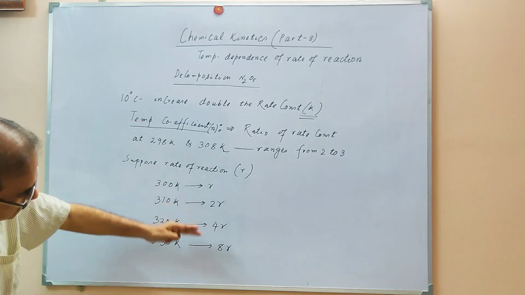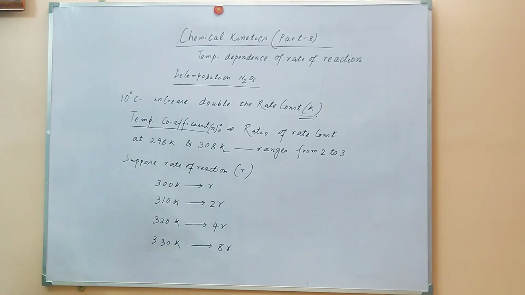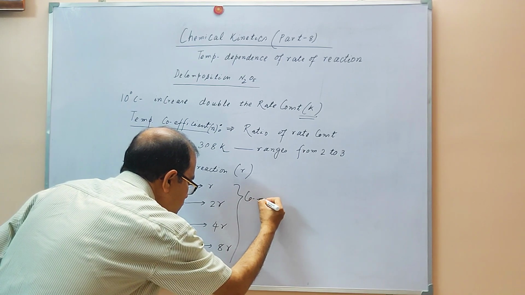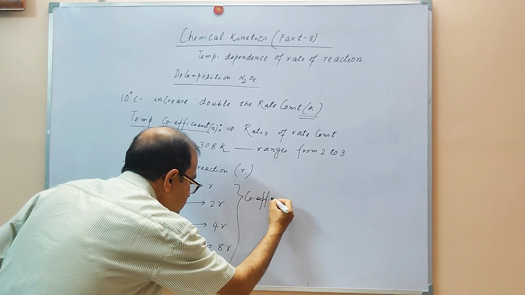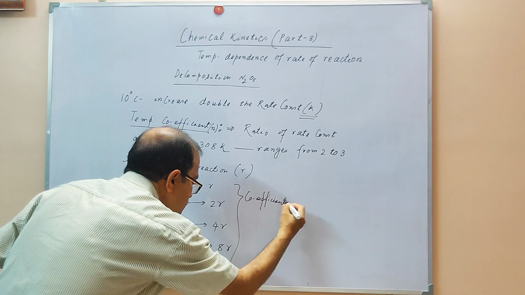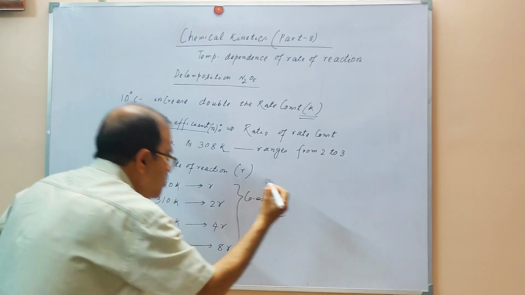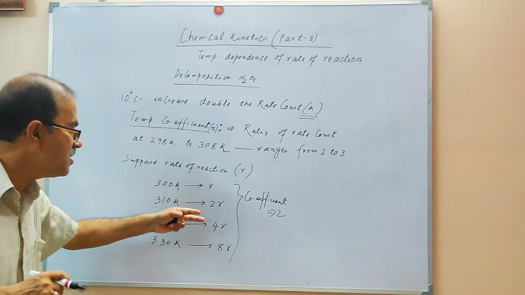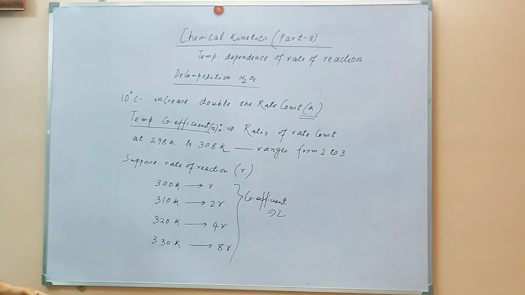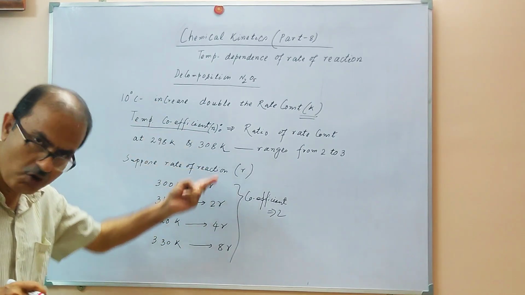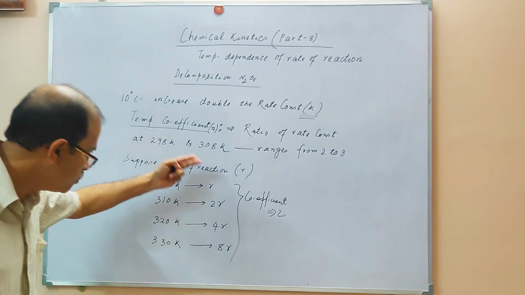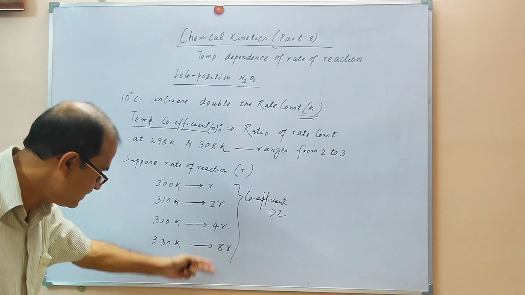With coefficient 2, the reaction rate of the reaction is doubled, which means the rate constant is also doubled. That is why the rate of reaction is doubled: 2, then 4, and then 8.